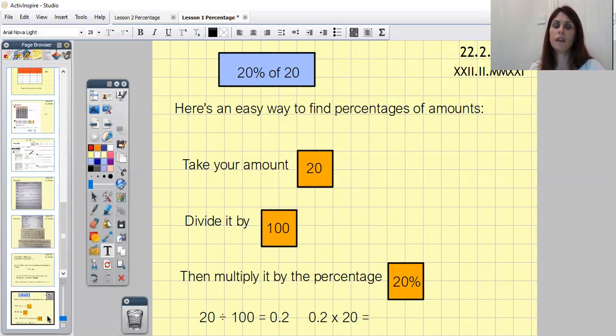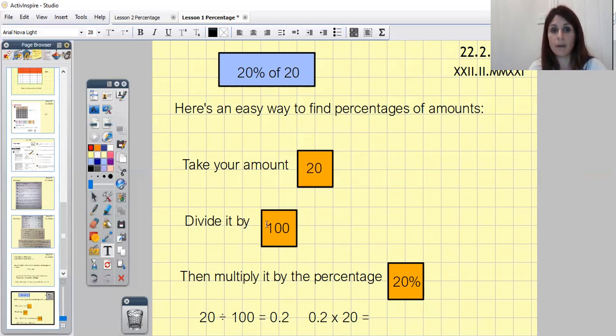So just in case you either haven't done this before or you just need a bit of a refresher, here's a reminder then of an easy way to find percentages of amounts. So what we do is we start off, if I have 20% of 20, we start off with our amount, which is 20. And so that's our amount there, not 20%, but the amount, 20.